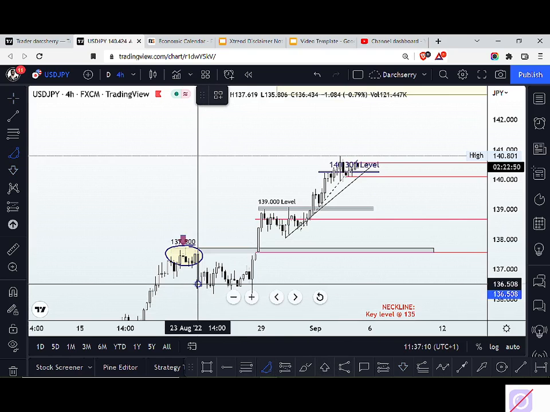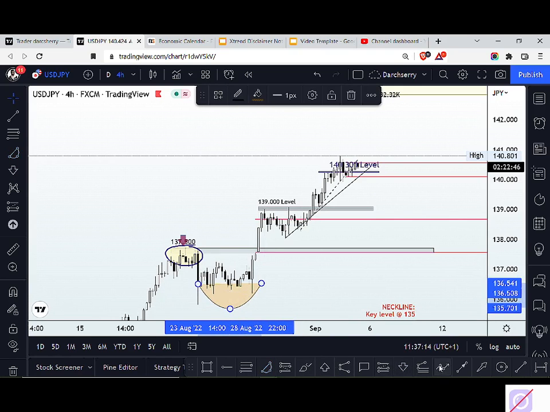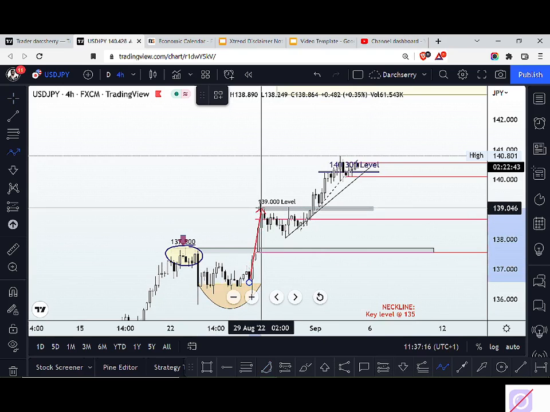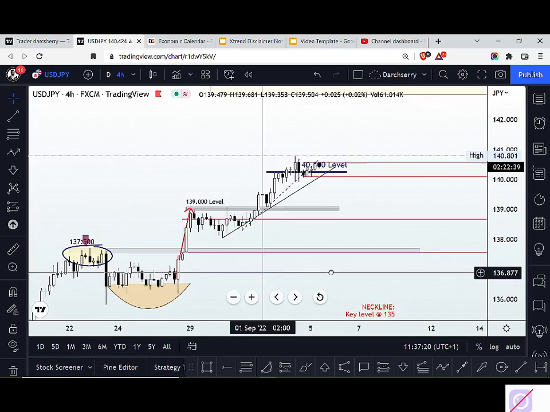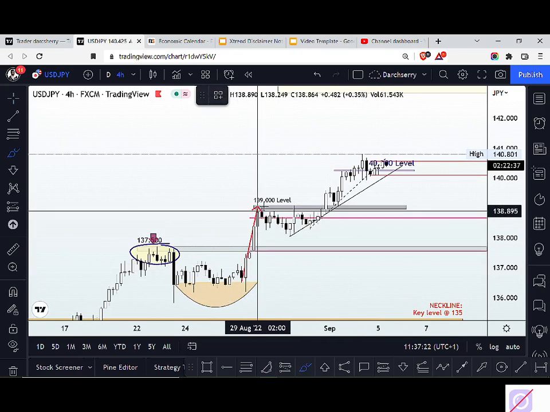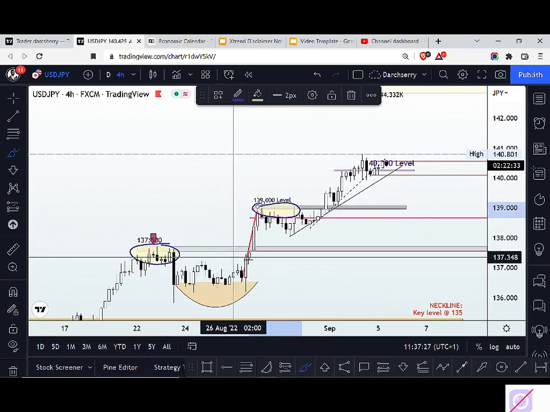We saw stiff resistance by the buyers from here, and then we saw a final breakout of that structure to the upside. Then what happened during the early part of last week's session? We saw another attempt by the sellers to push price to the downside from here, the 139 level.